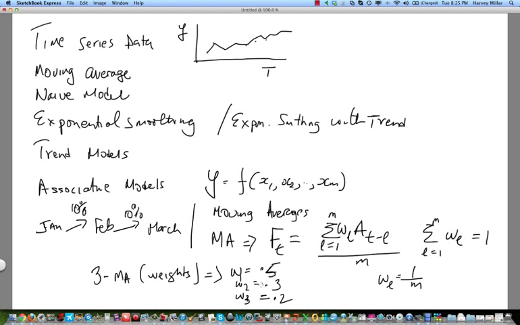So we weight the most recent period 50%, the next one 30%, and the third one 20%. So that allows for a non-equal weighting of each of the values in the weighted moving average.